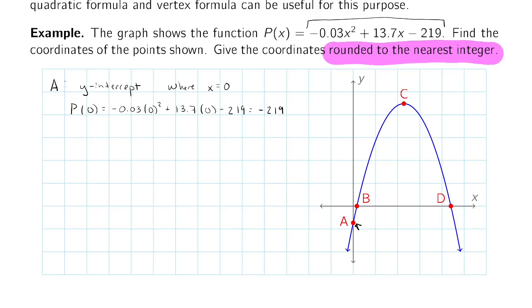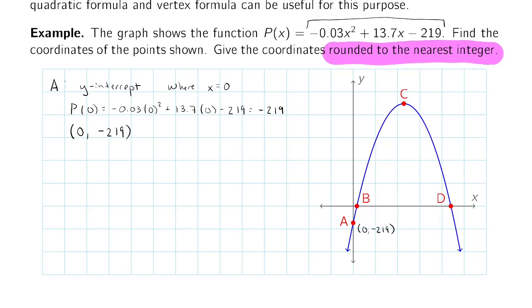So the coordinates of point A are 0, negative 219. That one's easy. And I'm going to write it down, and I'm also going to label it on the graph. So this is 0, negative 219.